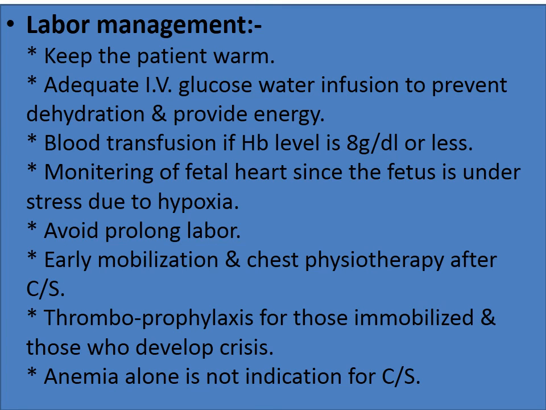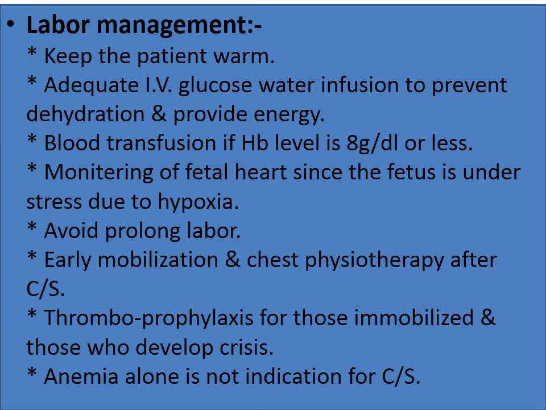Now we come to the labor management. We keep the patient warm, with adequate intravenous glucose water infusion to prevent dehydration and provide energy. Blood transfusion if hemoglobin level is 8 grams or less.